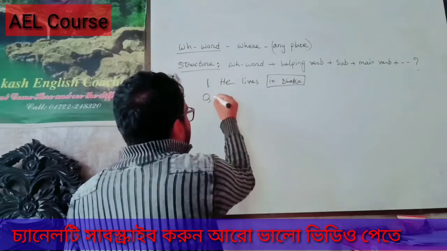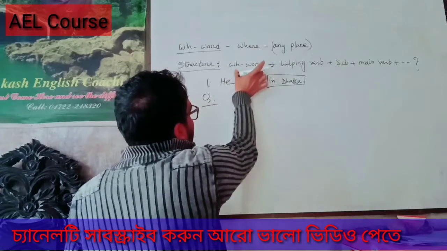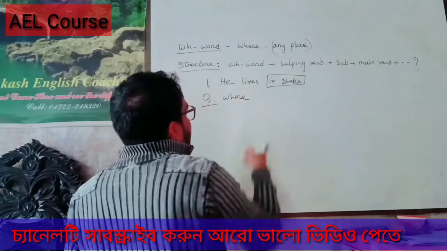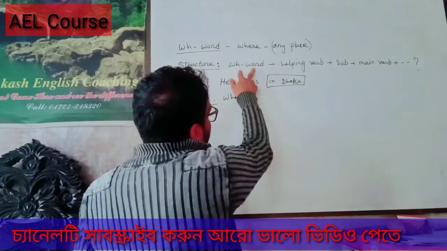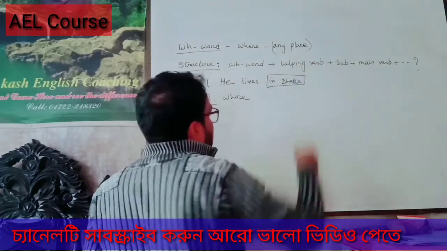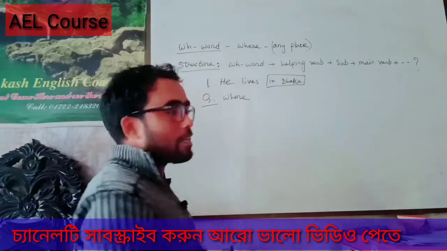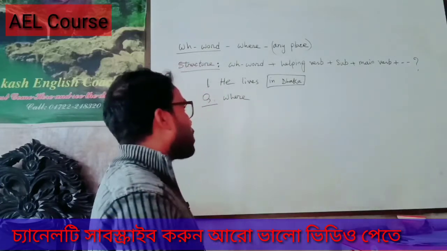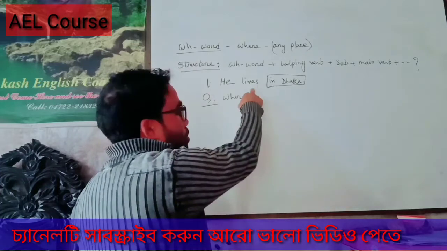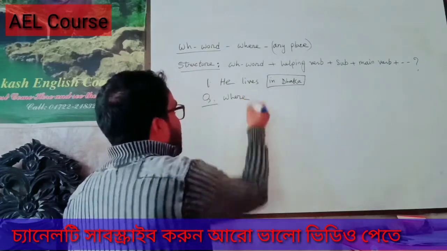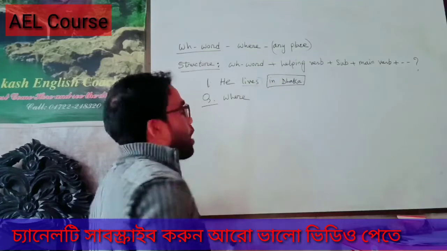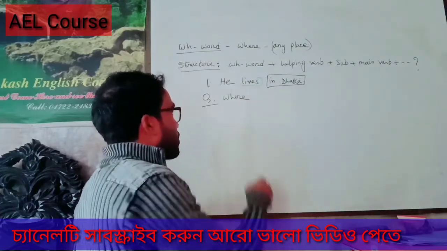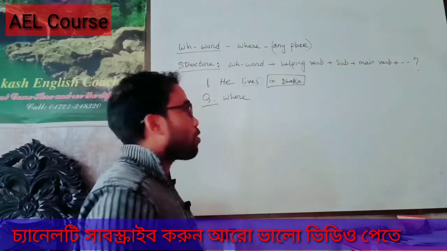In the question, we have to write at first the WH word, where, and after the WH word, you should use a helping verb. In this sentence, we are not finding any helping verb. We are getting the main verb with s or es, and this verb is in the present form.